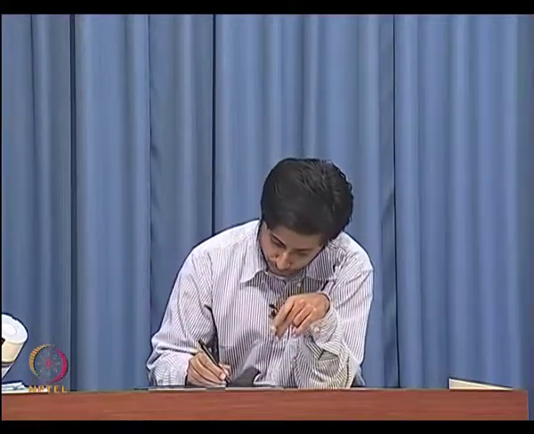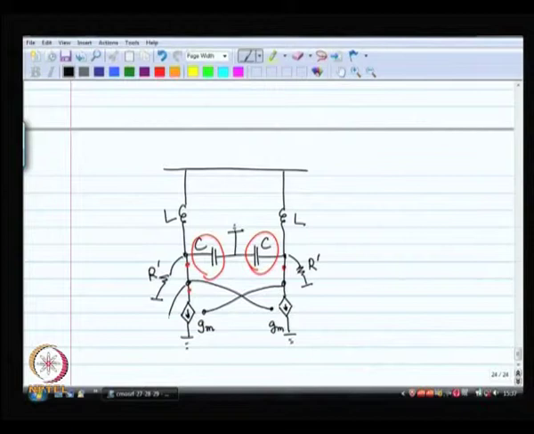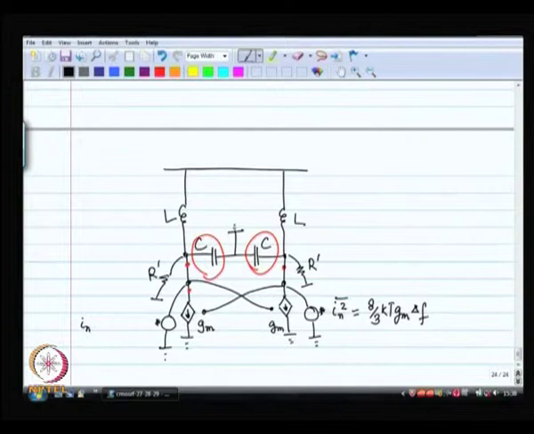There is an additional amount of noise current over here. What is going to happen to this particular noise current?